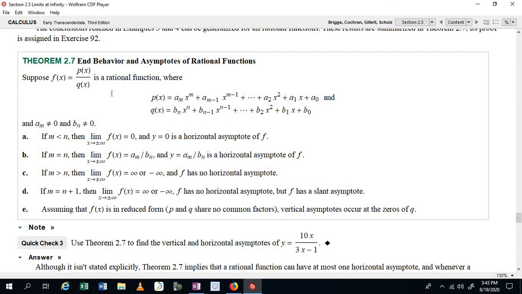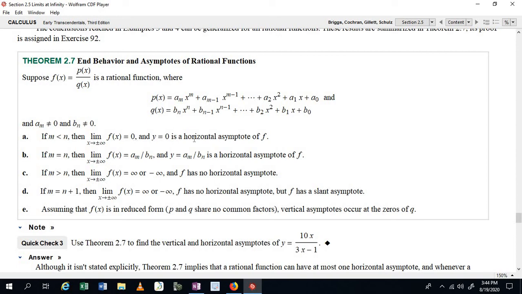Okay, so what this theorem says is if you have a rational function, in other words, a polynomial divided by another polynomial, if the degree of the top polynomial is smaller than the degree of the bottom polynomial, then the limit as x goes to plus or minus infinity of this rational function is 0.